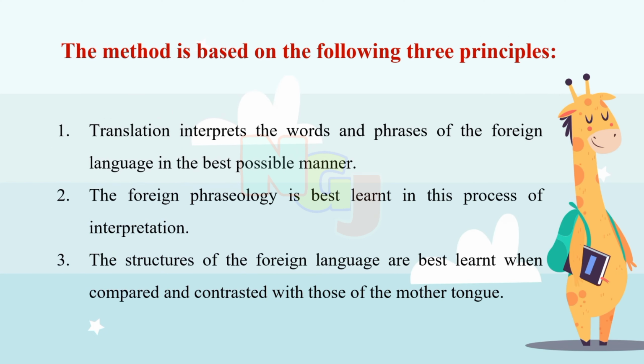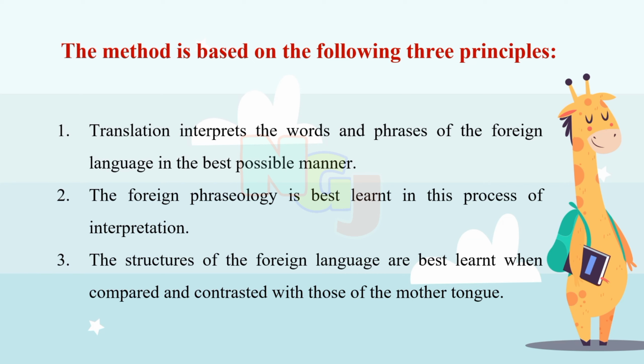In this method, there are three principles. The first principle: the translation interprets the words and phrases of the foreign language in the best possible manner. So, based on this first principle, the words and the phrases which are there in the English language are translated into the respective mother tongue language.